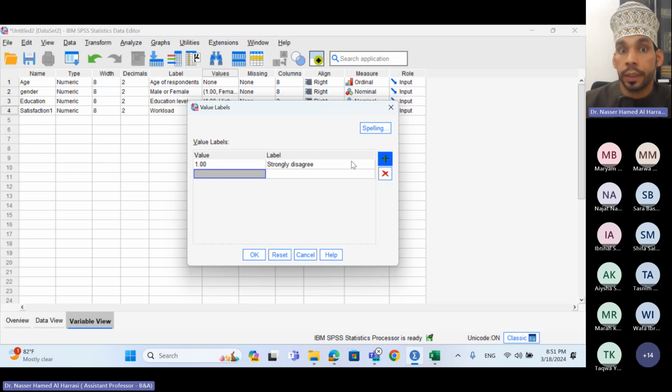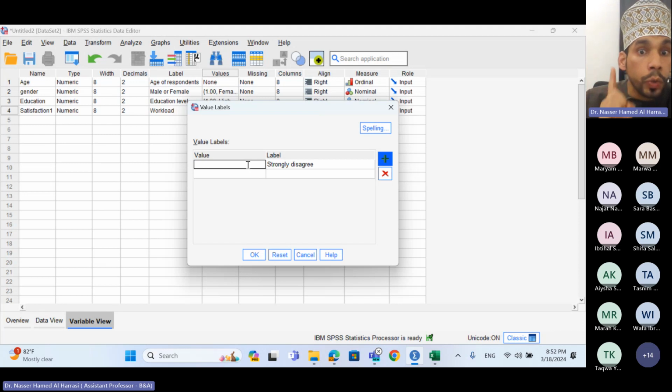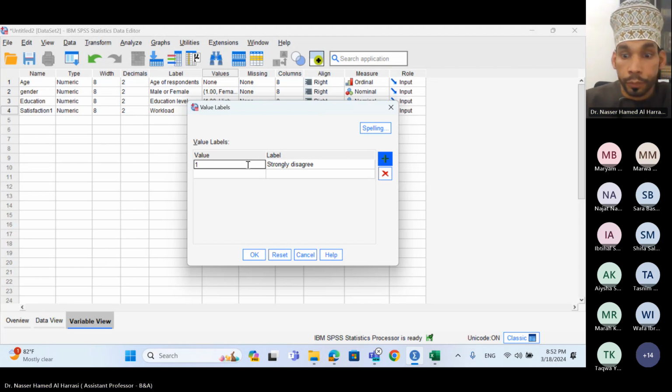Do not change that, because this will affect the mean score. If you do the opposite, for example strongly disagree equal to 5, then when we do the analysis, the mean will be totally different. So strongly disagree always equals 1.